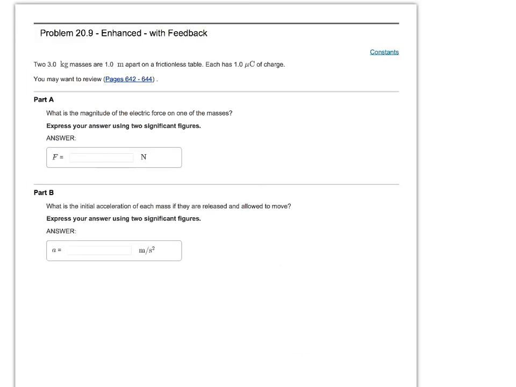For this problem here, we have two masses that are 3 kilograms each and 1 meter apart, and they each have a charge of 10 microcoulombs. Micro means 10 to the negative 6, so 1 times 10 to the negative 6 coulombs of charge. We want to know the force between them, so we're going to use Coulomb's law. Fe equals k Q1 Q2 over r squared.